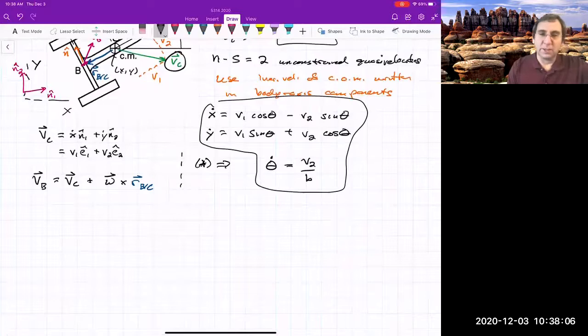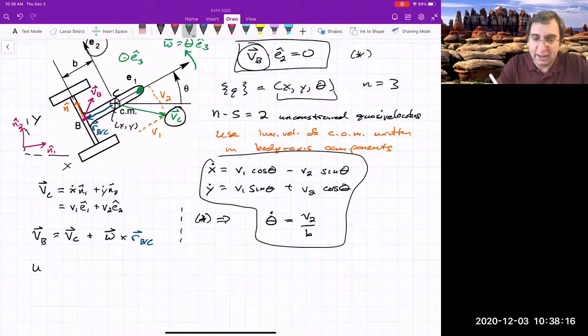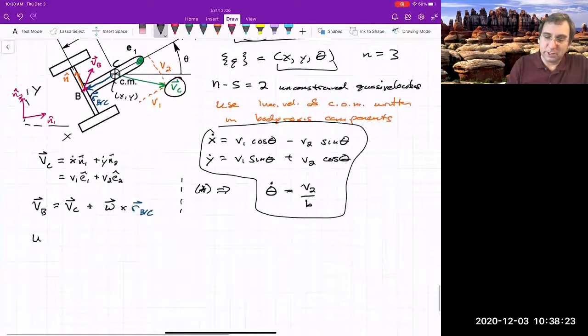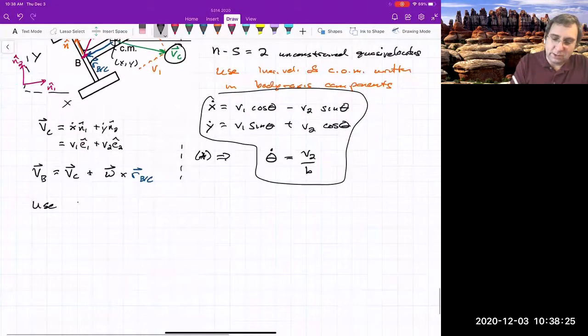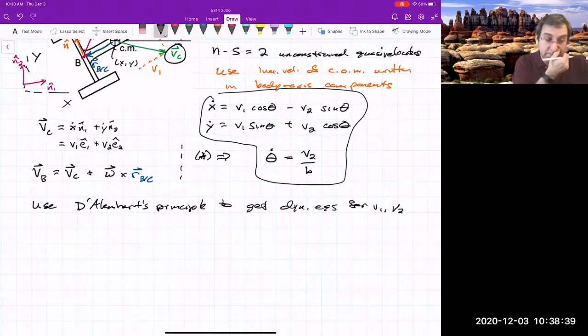Then you use D'Alembert's principle to get the ODEs. If you had some other force on here, like a friction pad up here, and you had to figure out the effect of that, that would become important. But we now use D'Alembert's principle to get the dynamical equations for V1 and V2.